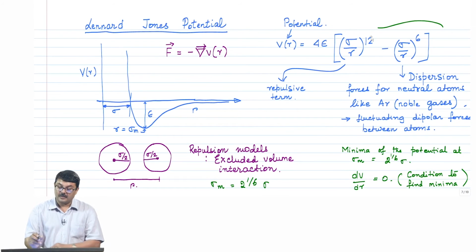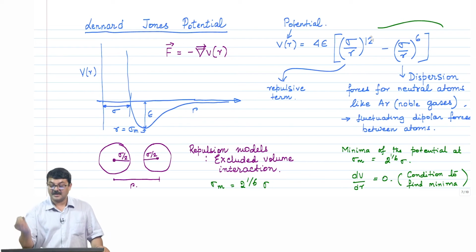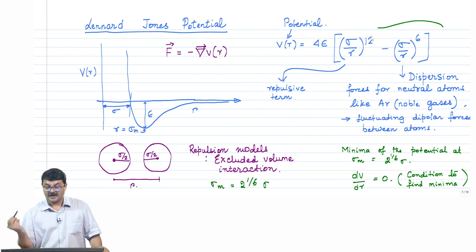By the way, one thing which I had forgotten to tell you in the previous slide is, you might have noticed that the unit of energy has been written as 4 epsilon here. These numbers are of course dimensionless. Sigma is diameter by r.